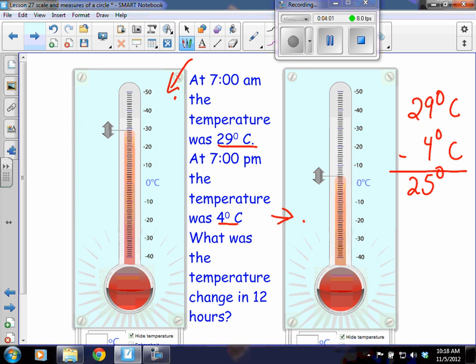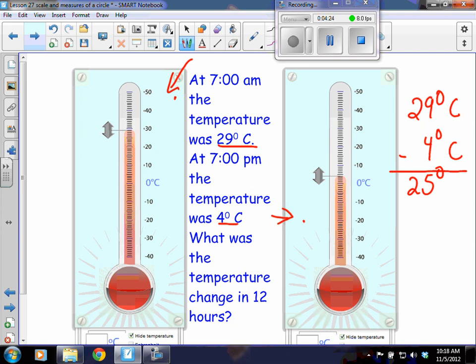We're not going to add Celsius to this label because, well, I guess 25 degrees Celsius would be okay. The idea here is that it changed 25 degrees, not that the temperature is 25 degrees Celsius. And so that's actually why we're going to leave the Celsius off, just to keep that clarified.